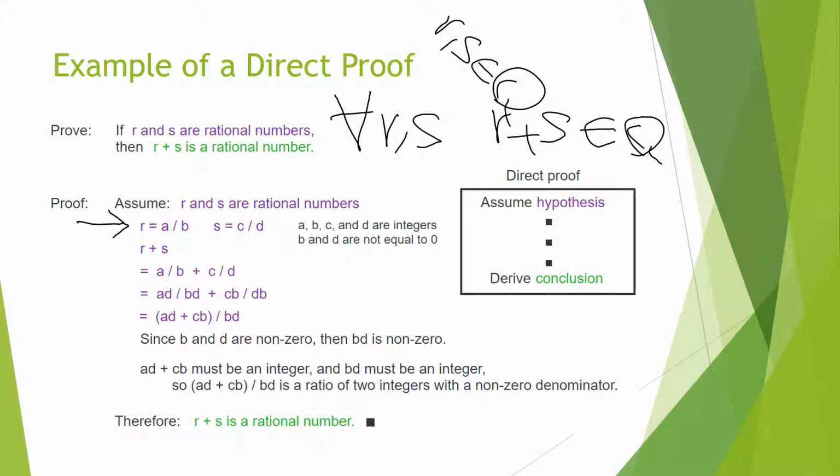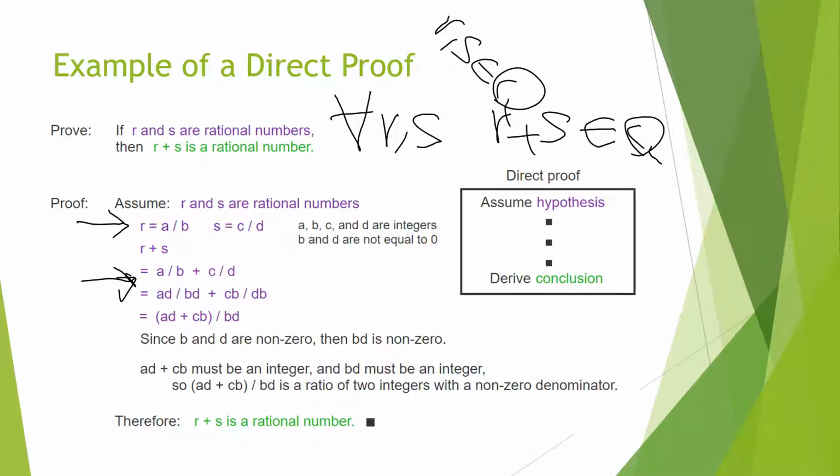Now let's generate r plus s based on the algebraic operations that we know. r plus s can be written in the following way. Why? Because we replace r by a over b and we replace s by c over d.